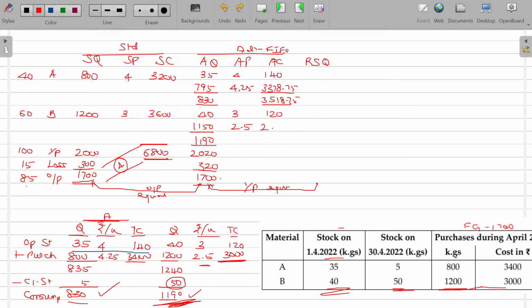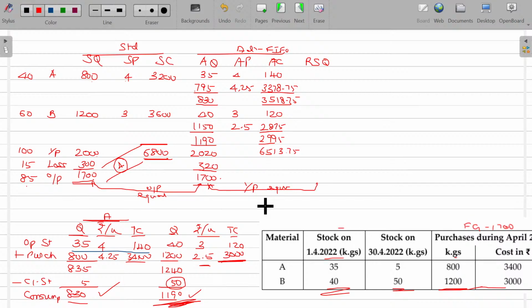Then total value being 2995. Overall value, this one and this one both put together, 6,513.75. So this is a comprehensive working you have to do. Clear?